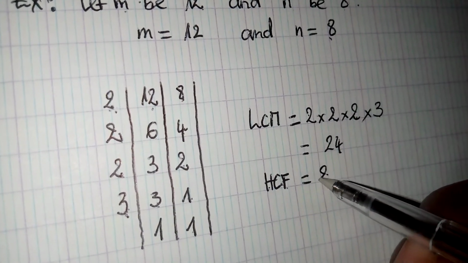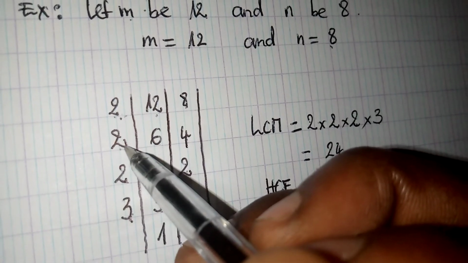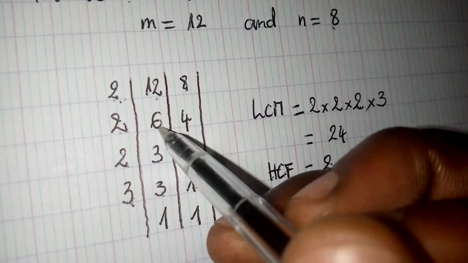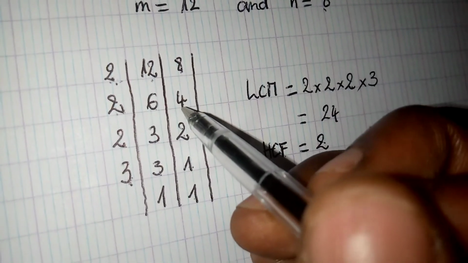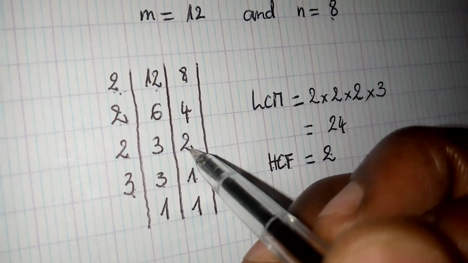So we'll write 2. And then for this 2, we've seen that it has divided this 6, and we've got 3, and again it has divided this 4, and we've got this 2.